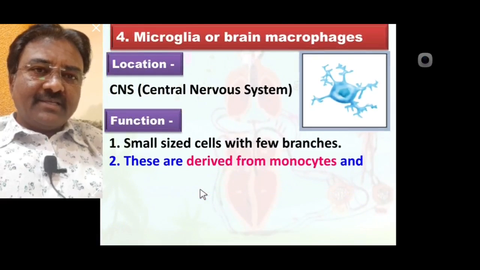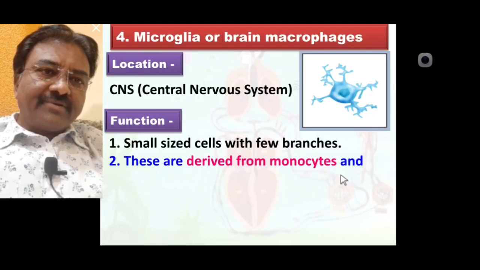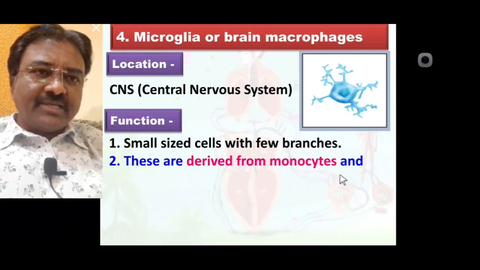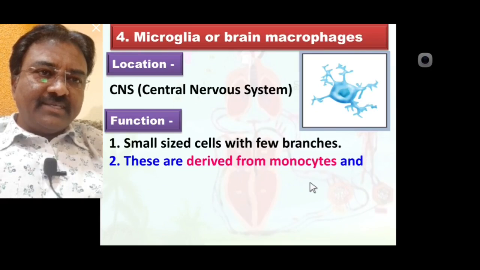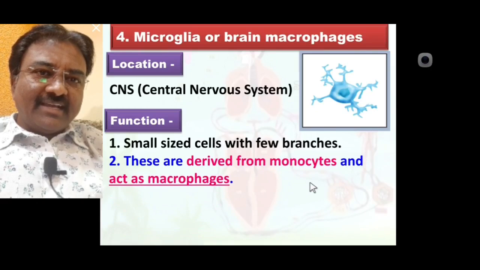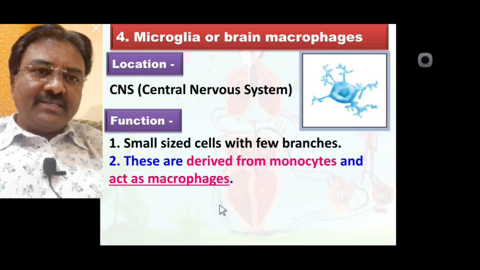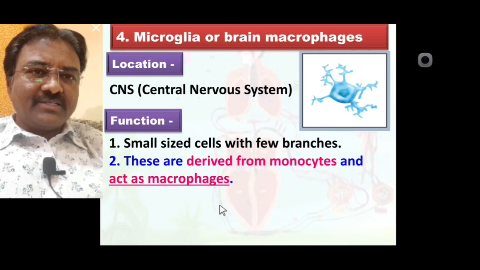Second function, these are derived from monocyte. You know monocyte, one of the types of WBC, acts as macrophages. Means monocyte, a type of WBC, does the phagocytosis function.